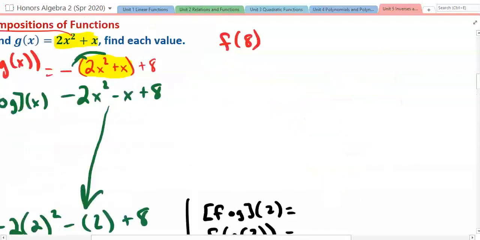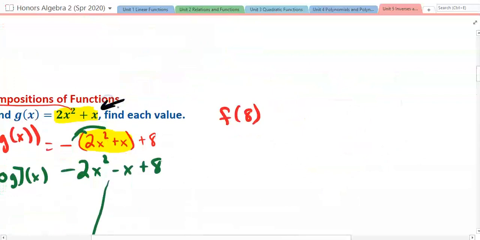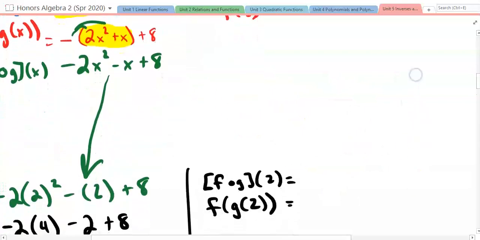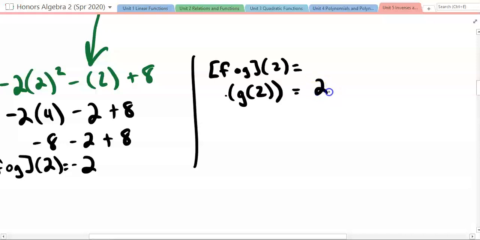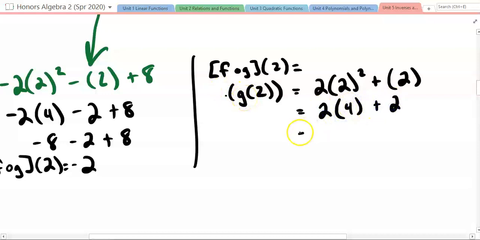And so doing that, I'm plugging 2 into that yellow highlight there. 2 times the 2 squared plus, and again, I'm plugging in 2 for the x here. Now, you've noticed I've erased the f here, because right now I'm only dealing with the g function. So I'm going to get 2 times 4 plus the 2, and so that's 8 plus 2, which is 10. So g of 2 is equal to 10.